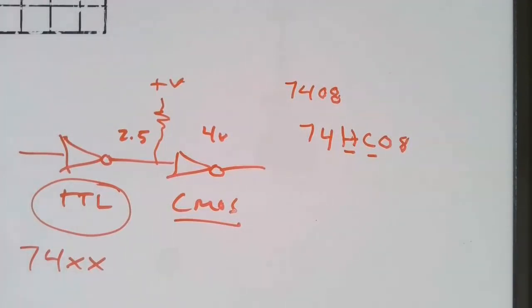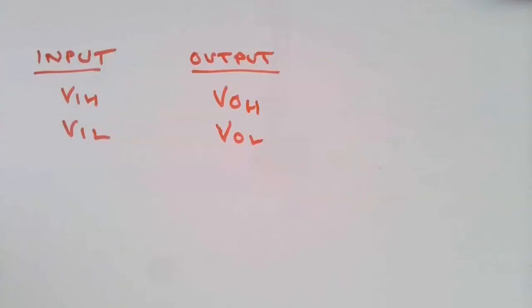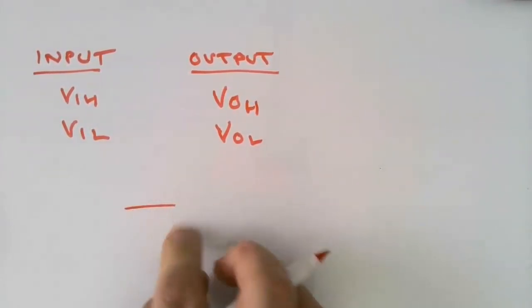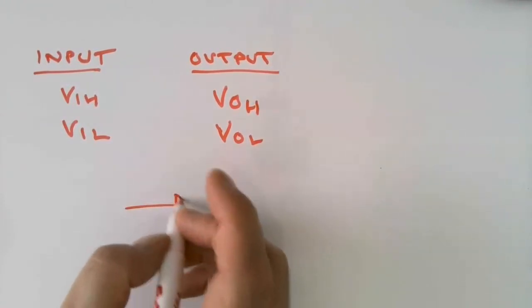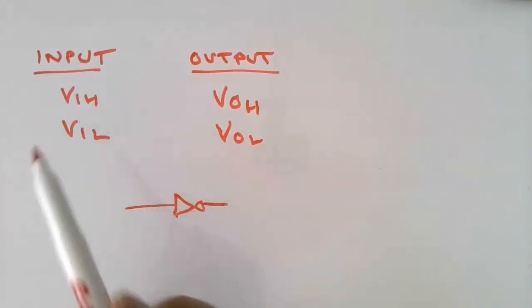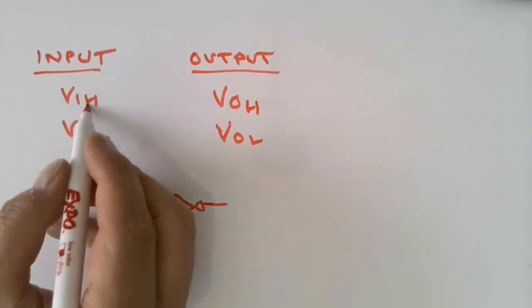Now, the other thing that we look at, besides the voltage levels, are current levels. But before I do that, I want to define some of these terms that will probably pop up in the book. For the input to a device, for example the input of an inverter, we talk about the VIH.